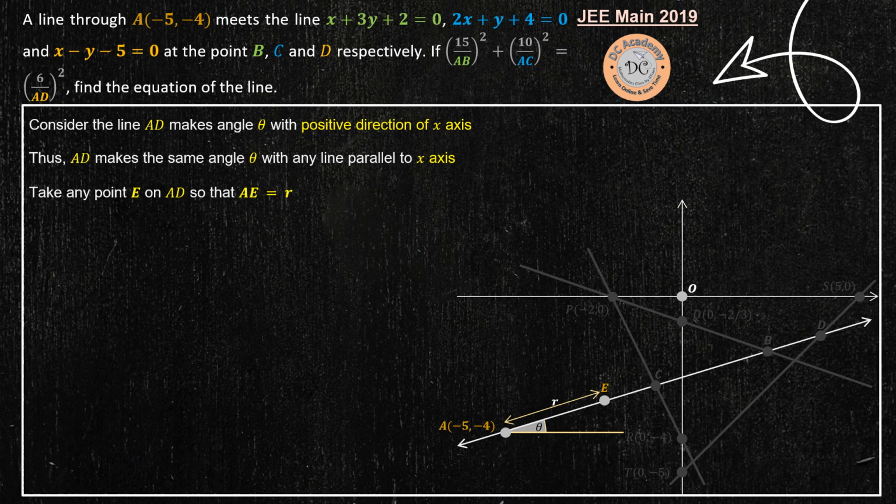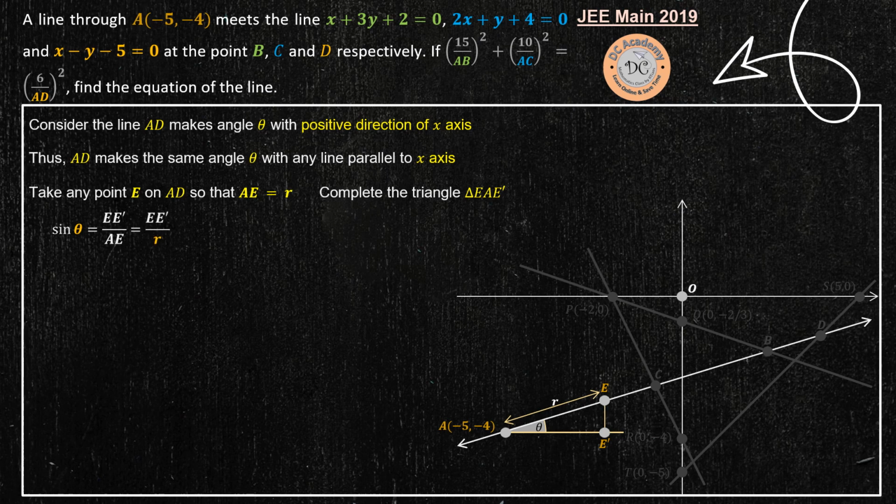We drop a perpendicular from E to the parallel line, so that it is E dash, and we complete the triangle E, A and E dash. From this triangle, if I try to calculate sine theta, it is definitely opposite by hypotenuse, so E dash divided by r.